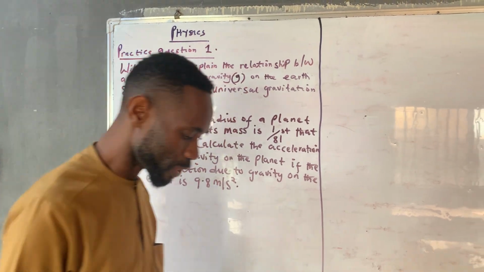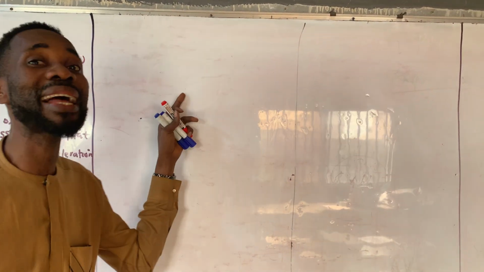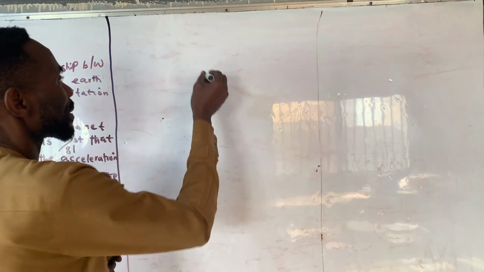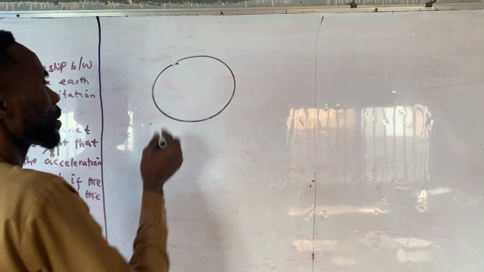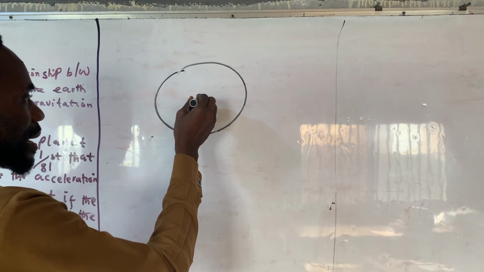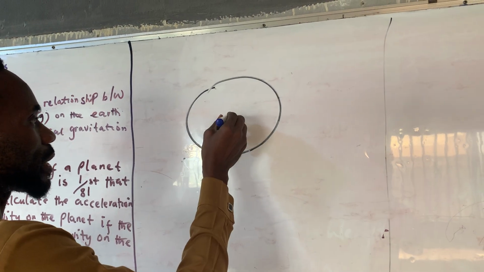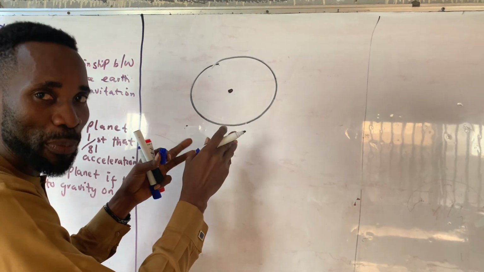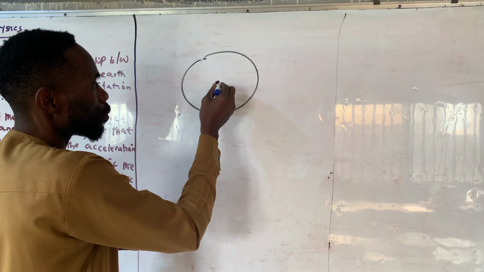Now, how do we solve this problem? To solve this problem, first and foremost, we should consider the Earth as a sphere. Let's assume this to be the Earth with center C. This is the center of the Earth, and it is a regular body, and the mass of the Earth is concentrated at the middle.